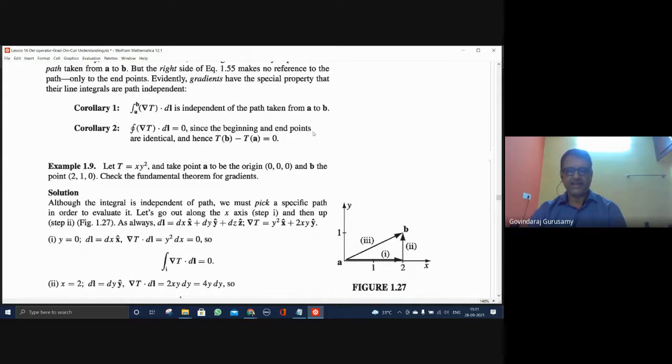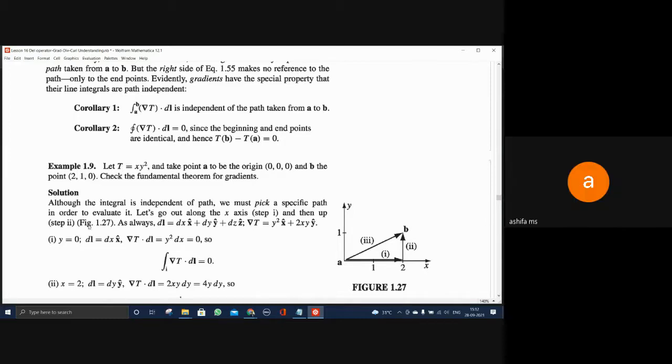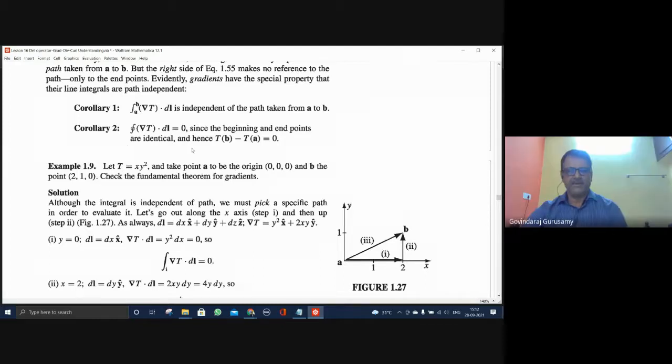For example, in mechanics also you have this kind of a relation, which describes some fundamental physical process. See, work done by a force over a closed path.